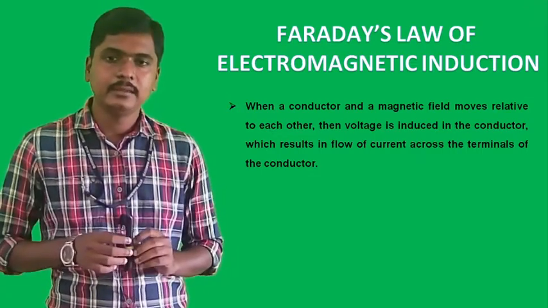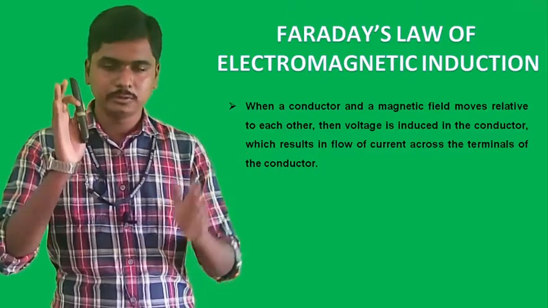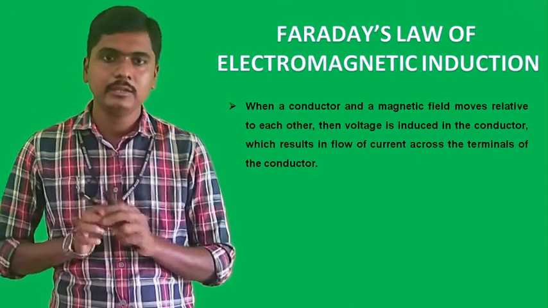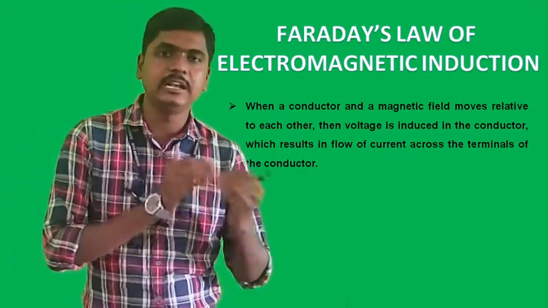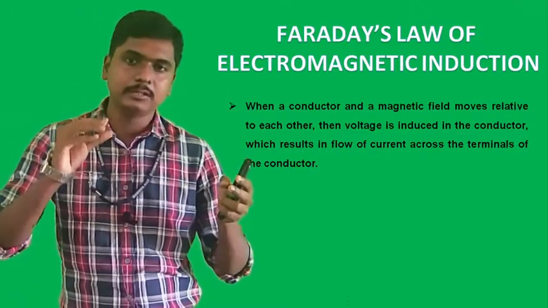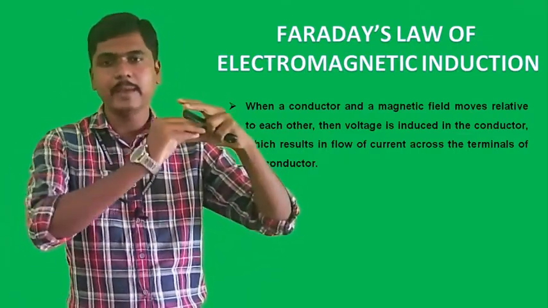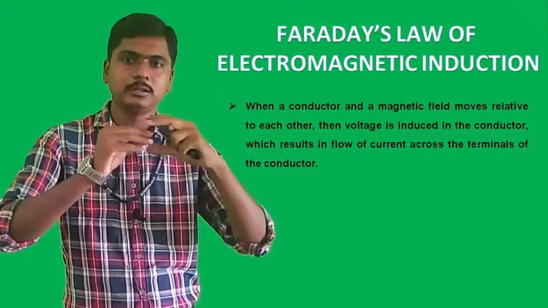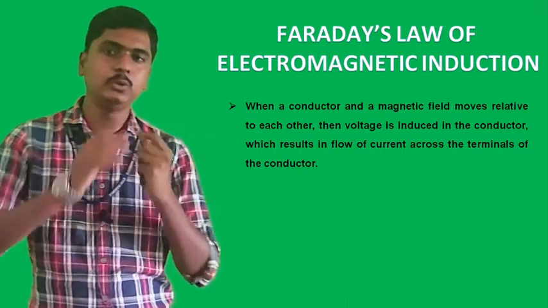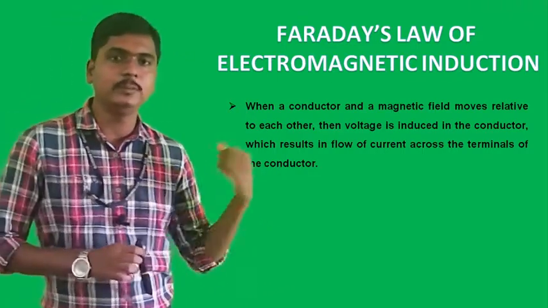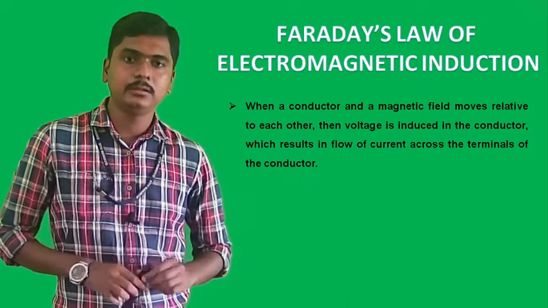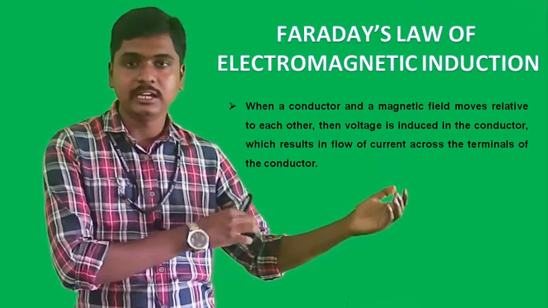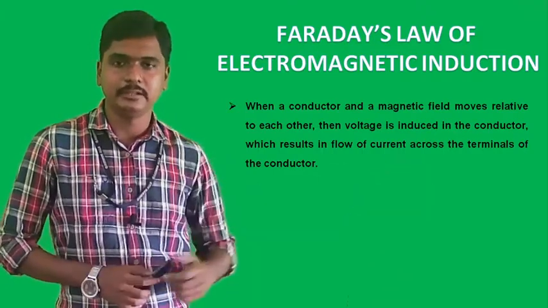When you have a conductor and a magnetic field, one magnet and one conductor, and those two move relative to each other, either the conductor moves inside the magnet or the magnet moves over the conductor, then voltage will be generated across the terminals of the conductor, and from there we can get electricity or current.